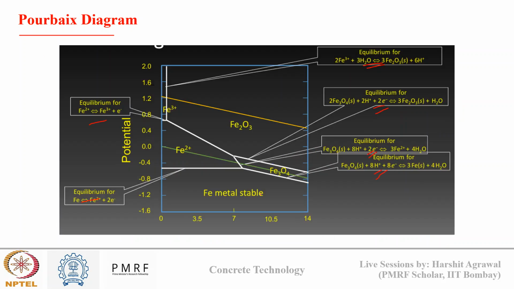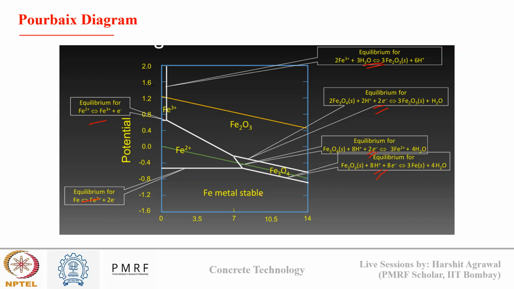For iron, it is a bit more complicated diagram because there are several oxidation states that can form upon iron reaction. Iron can exist in Fe state, Fe plus 2 state, Fe plus 3 state. Fe plus 2 can convert into Fe plus 3. Fe2O3 can form, Fe3O4 can form.